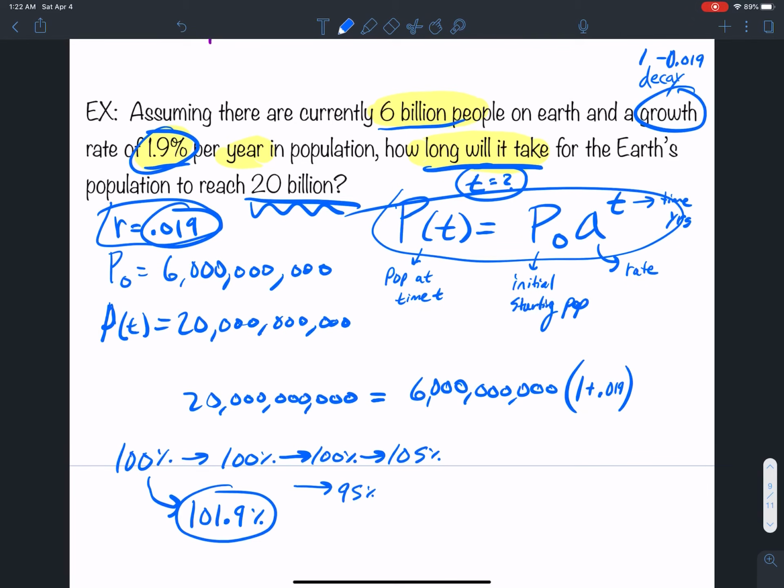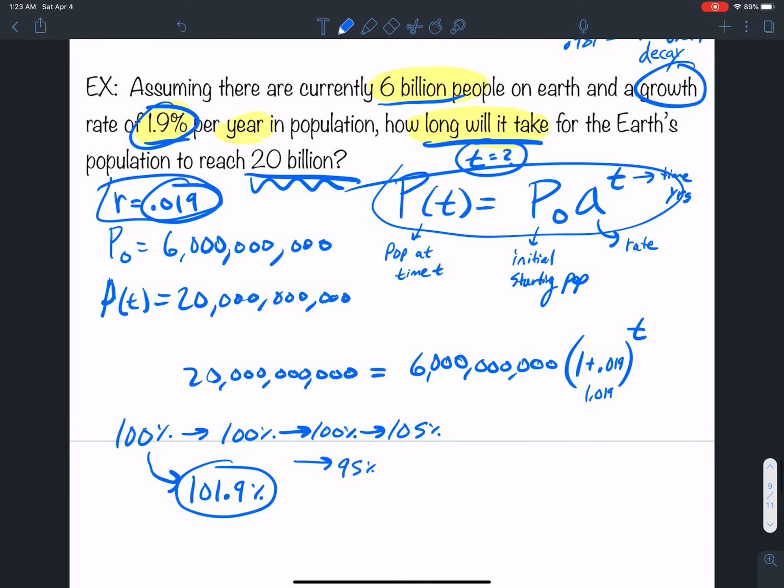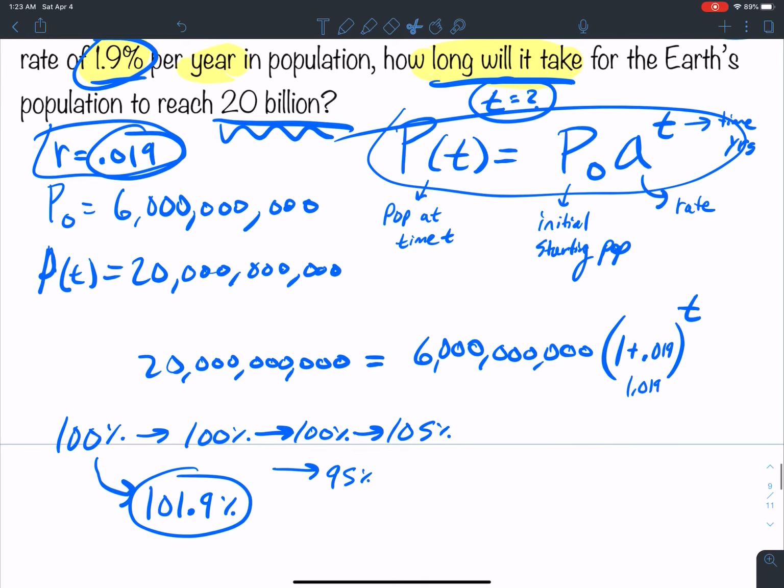So 1 minus that would give me 0.981, right? So that would give me a 0.981 rate instead of this 1.019 rate. Raised to what? The t. That's what we're looking for. Okay, so I want to solve.